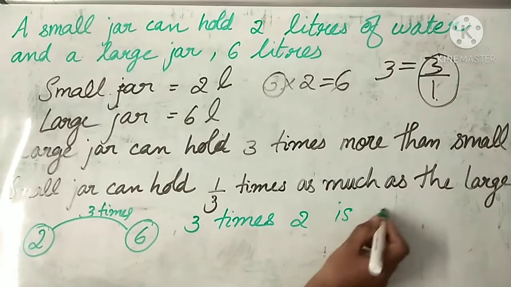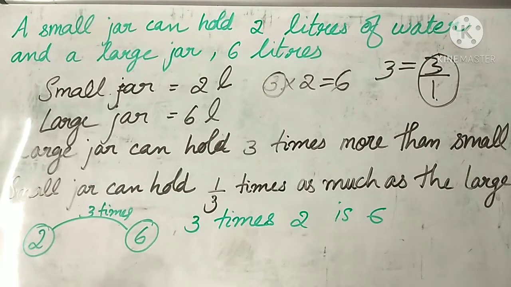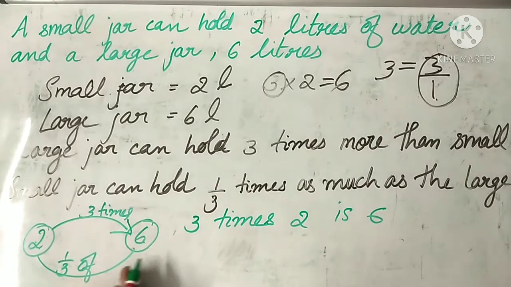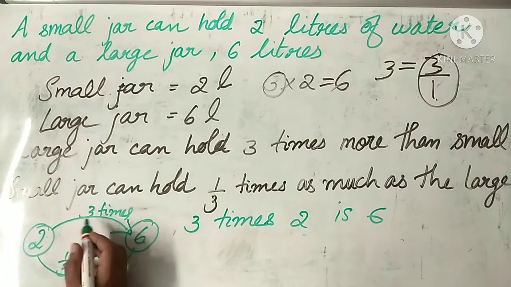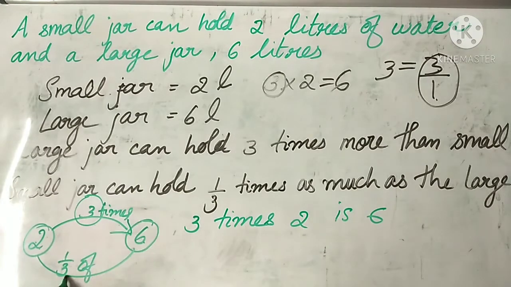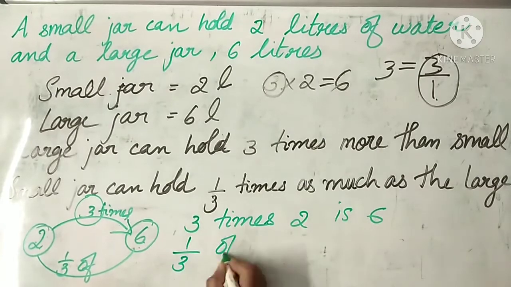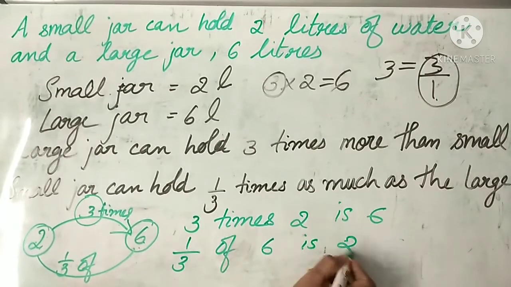To the front, we can say it as 3 times 2 is 6. And in back, in reverse, we can say it as 1 by 3 of 6, that is the reverse of this number. 1 by 3 of 6 is 2.